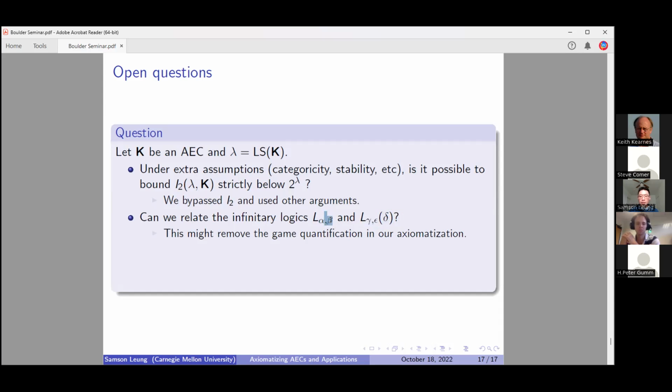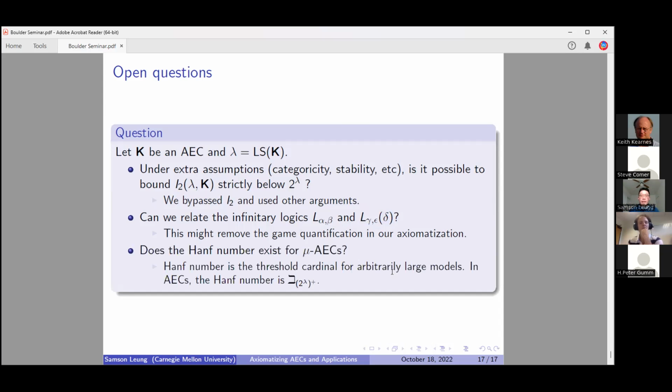Obviously, if you have the same alpha beta here, then the right-hand side implies the left-hand side. If you can find some way to encode the game quantification one with the usual one, then that might remove the game quantification in our axiomatization.